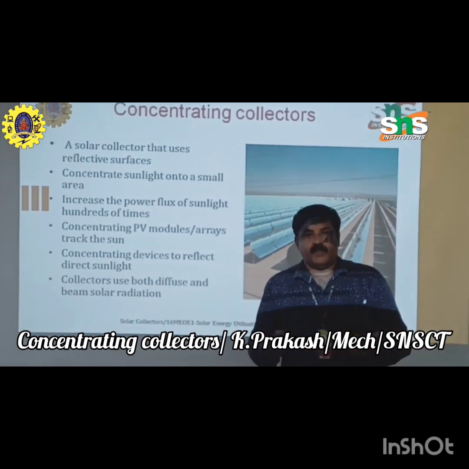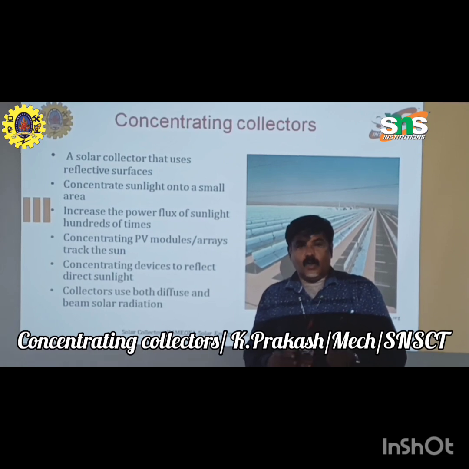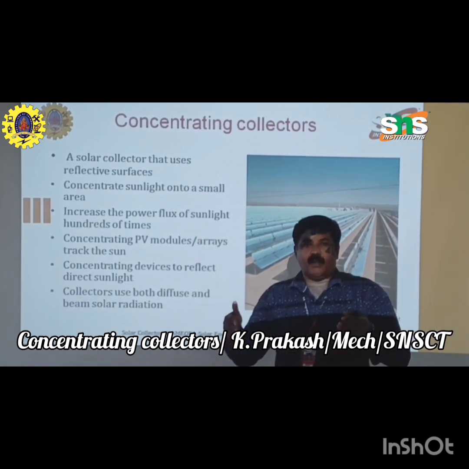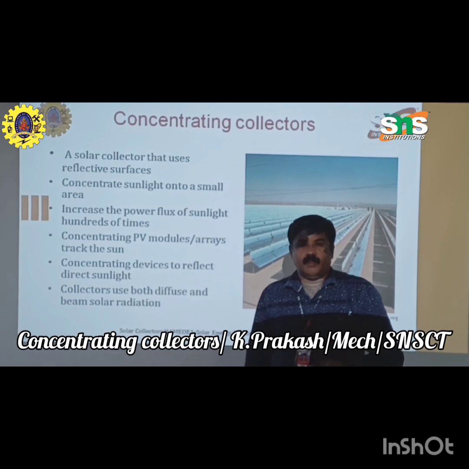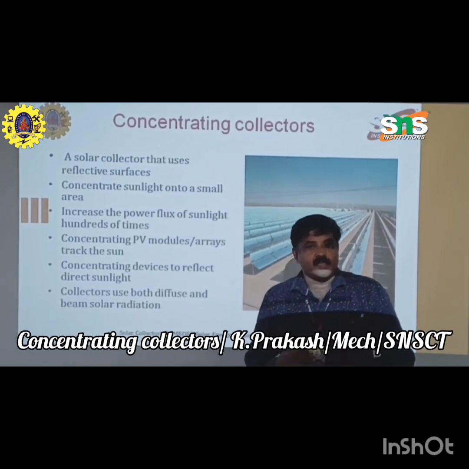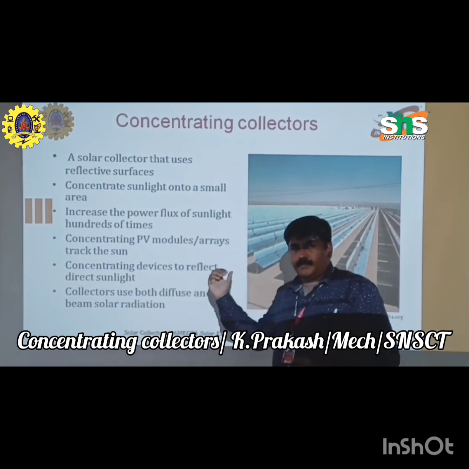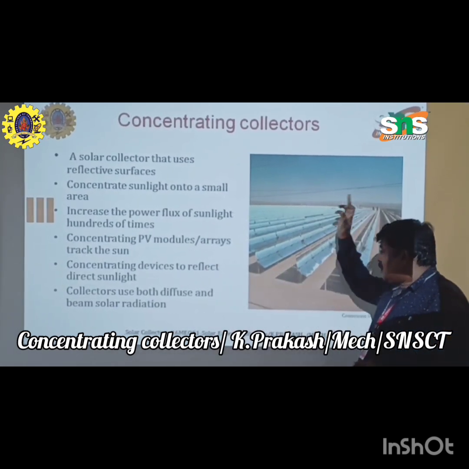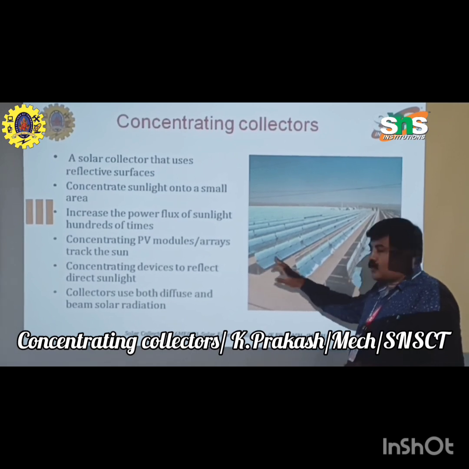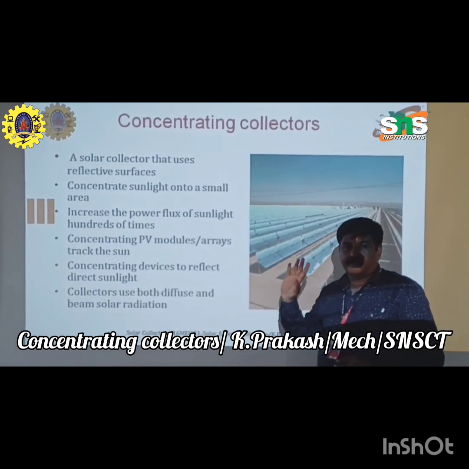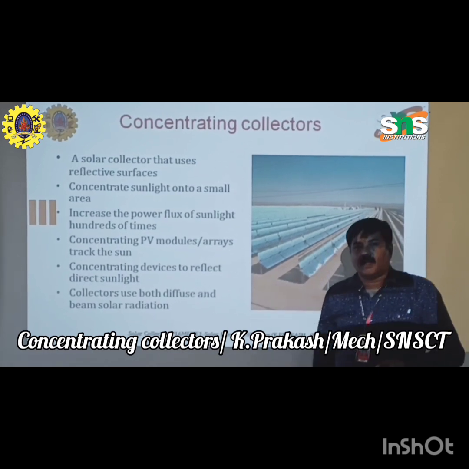What is the purpose of that round-shaped plate? All the signals falling on the plate are reflected to a single particular point. This is a real-time example of concentrating collectors, and the same principle is used here: the rays falling on the surface are reflected towards a particular point. This is the first significance of concentrating collectors.